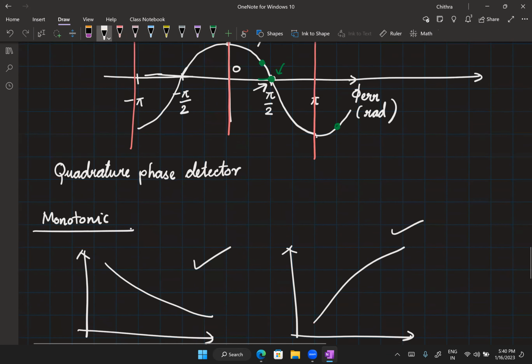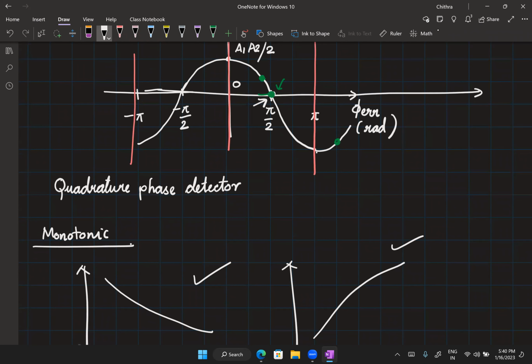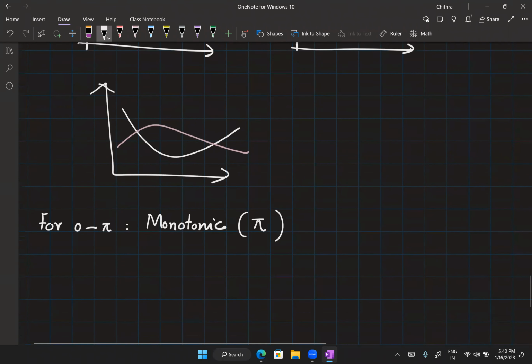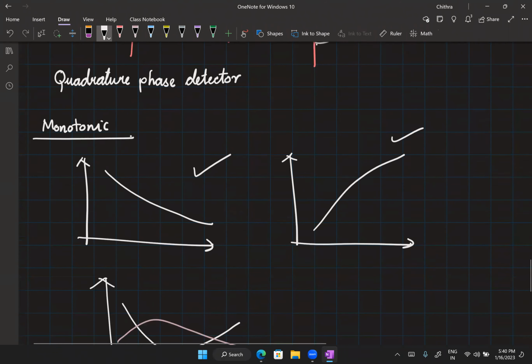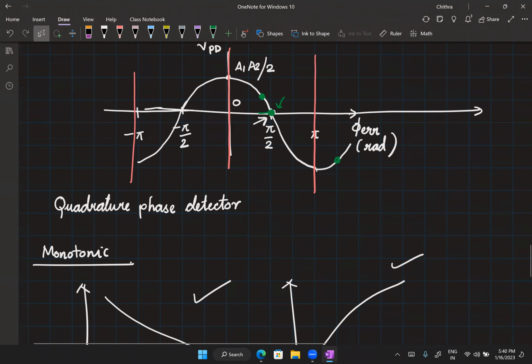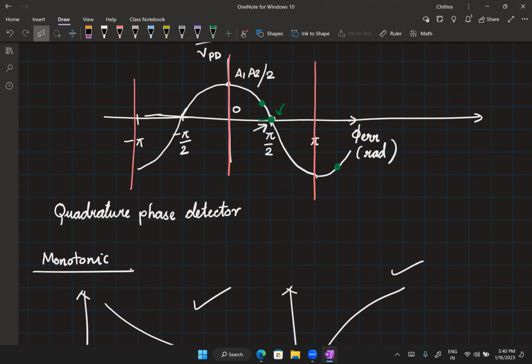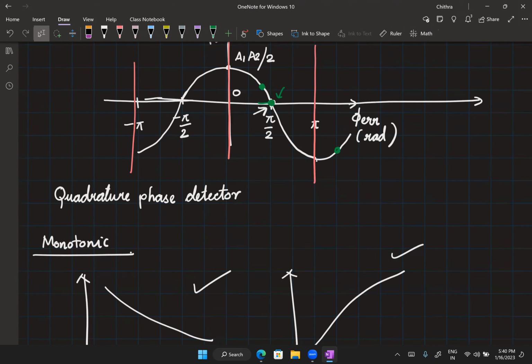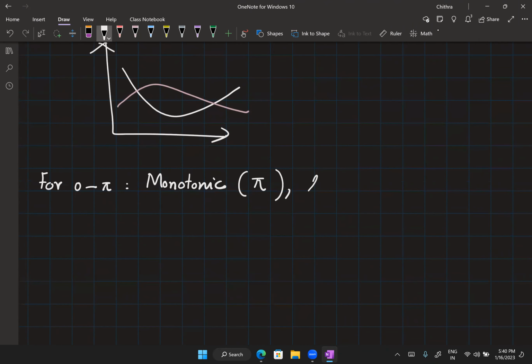It could be either from 0 to pi or from minus pi to 0, but your phase error cannot exceed beyond this value, right? So the range is pi. And can you tell me if it is linear or not in this range? This is not linear. So you have a monotonic curve, but it is not linear, which is okay. We can live with a nonlinear curve.